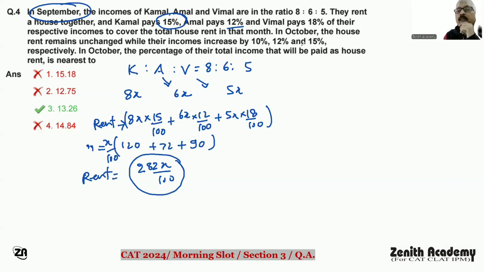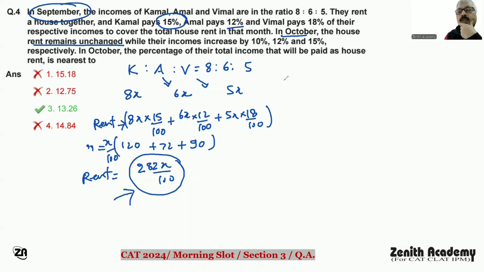Now, in October, the house rent remains unchanged. So in October, rent will remain the same, 282x by 100, while their incomes increase by 10%, 12%, 15%.